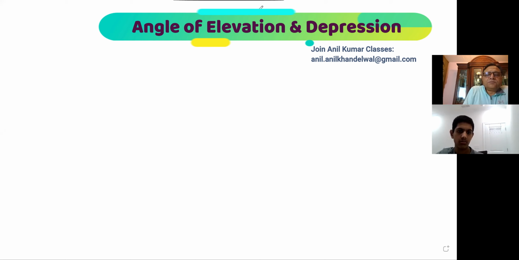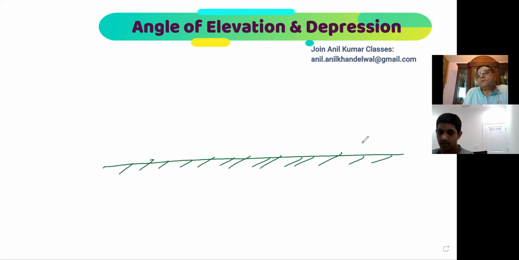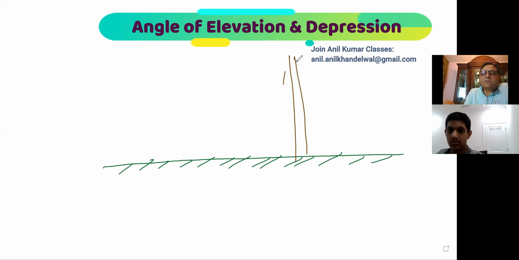So normally in applications, basically, let us say this is the ground. We'll consider ground to be horizontal, even, correct? Always in our examples. And let us consider a tree here.